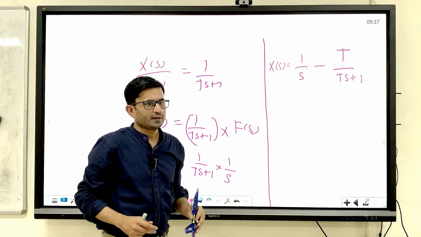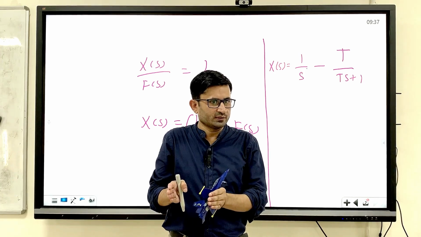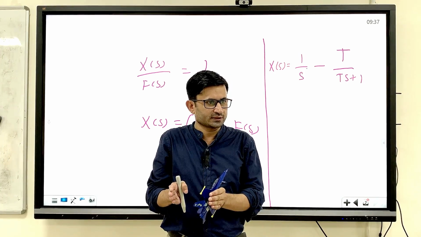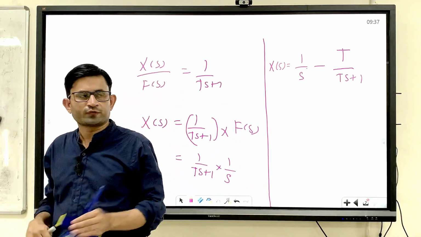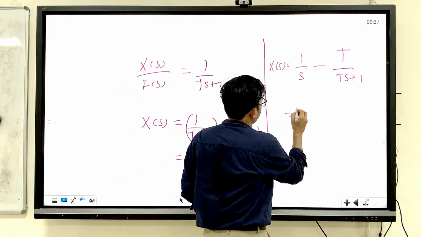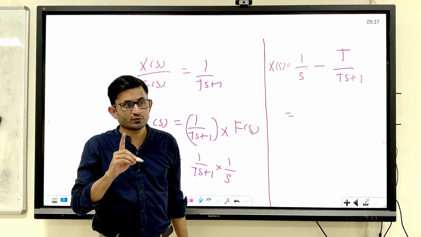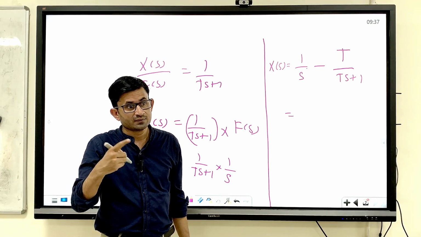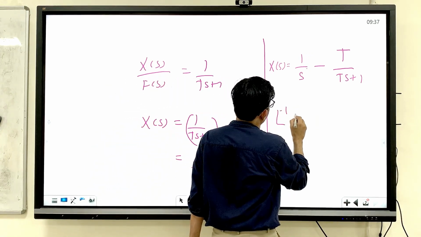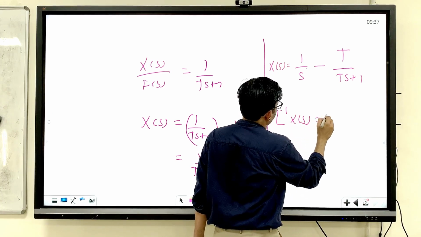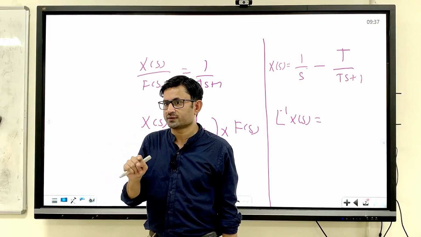See, Laplace transform is used to transform time domain to frequency domain. And what are the advantages I have given to you in the last class? And if you take the inverse, you will get back to the time domain. So what is the inverse of 1 by s? If you take the Laplace inverse, L inverse of X of s, the Laplace transform of 1 is what?